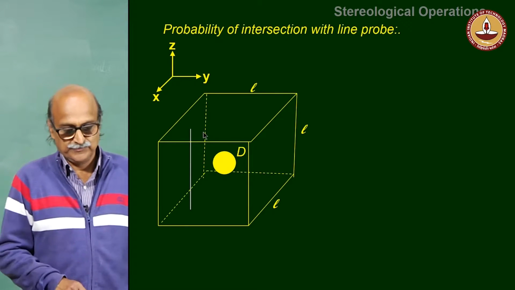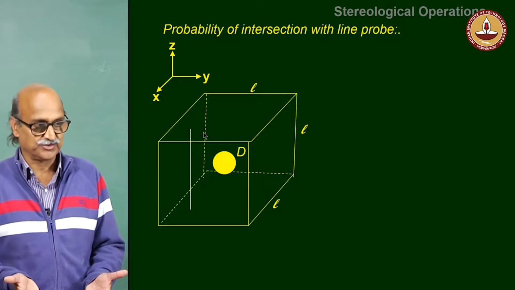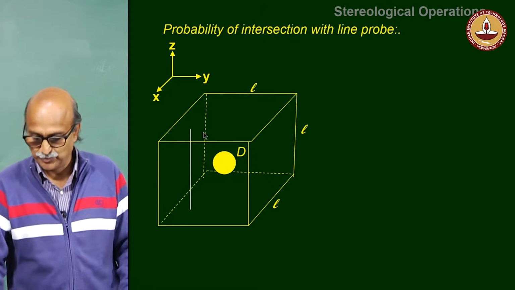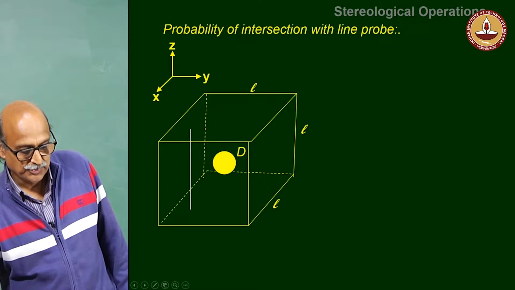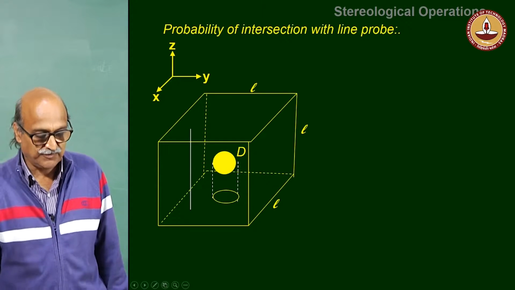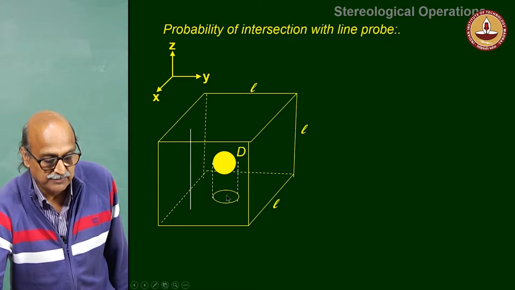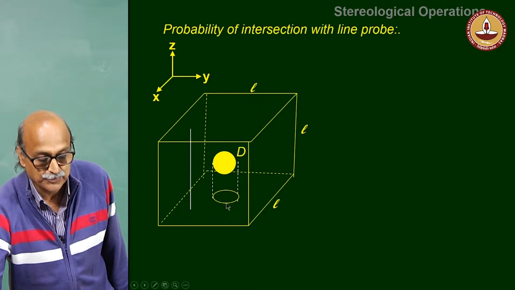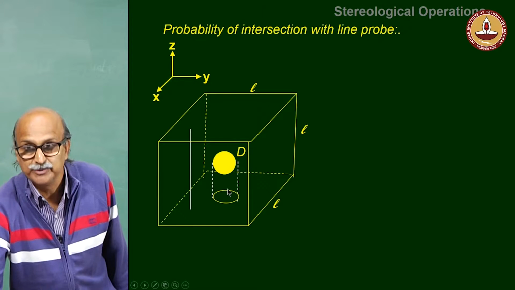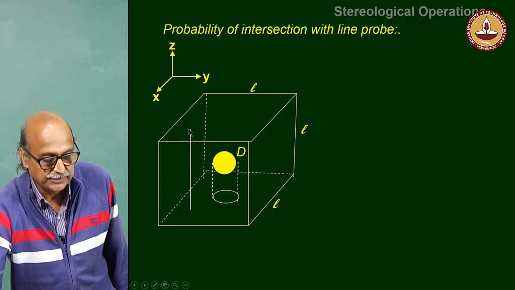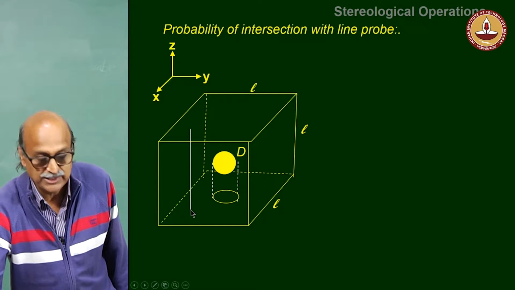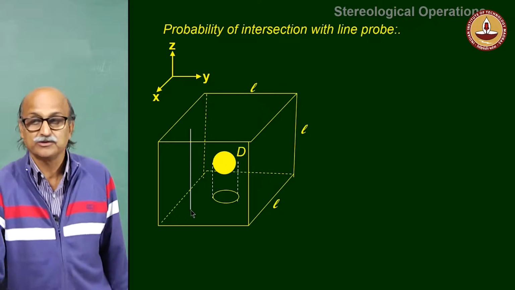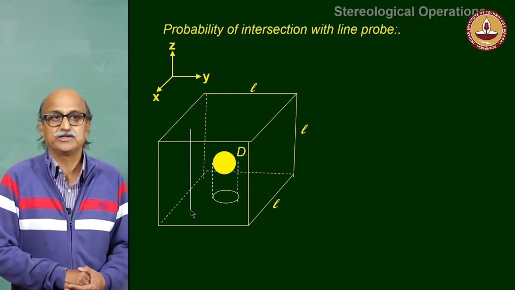What we could do is take a projection of this object as well as the line probe onto the xy plane, that is, on this cube face. If I do this, what will I get? I will get a circular projection whose diameter will also be d, and the projection of the line probe on the xy plane would be nothing but a point on the plane.